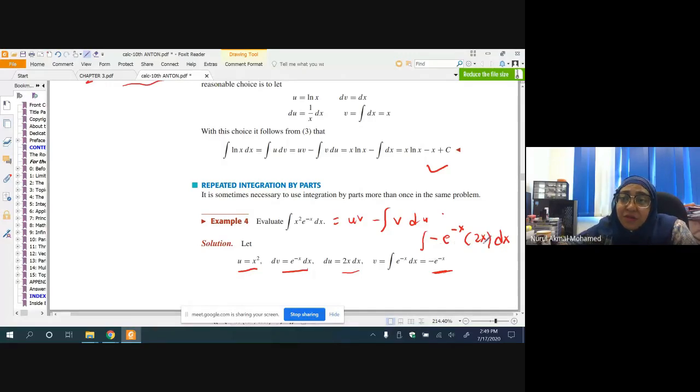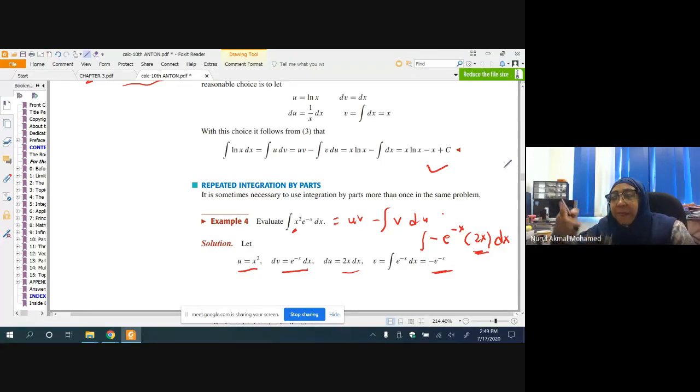But if you look at the integrand, this is of order 1, while the original one involves order 2. This is a variable of order 2, and this is of order 1.